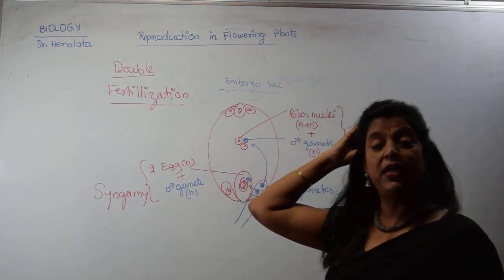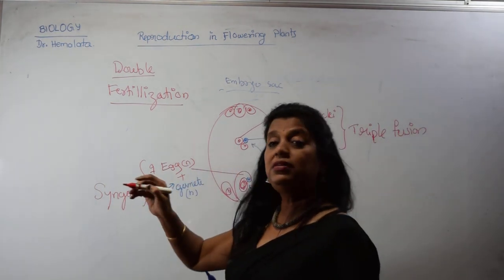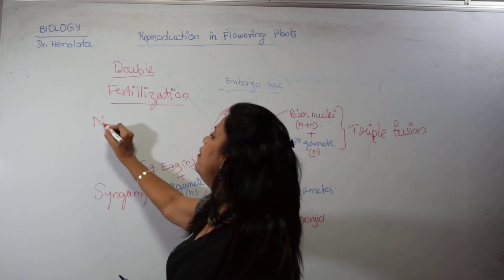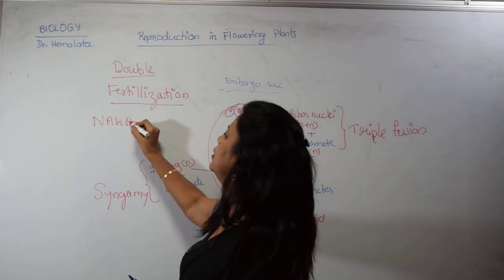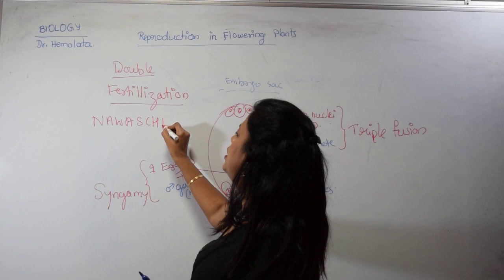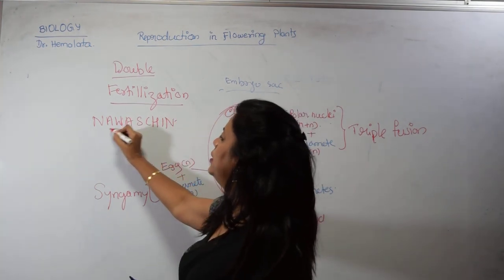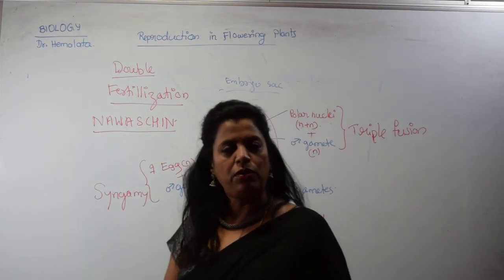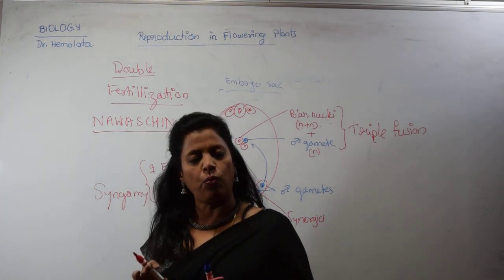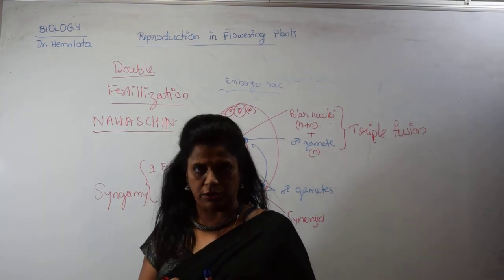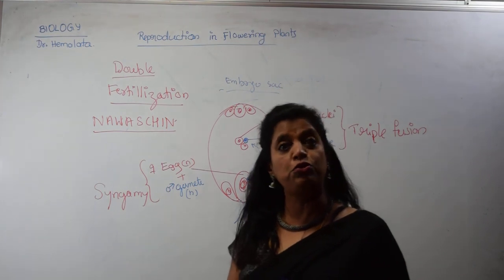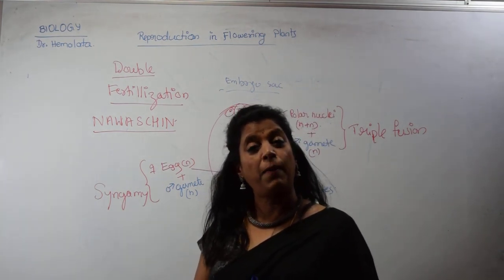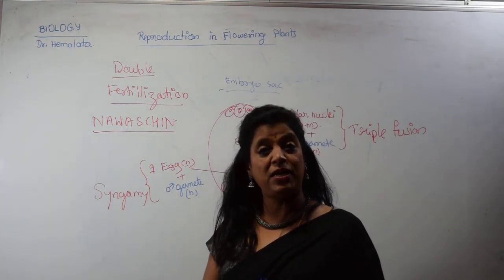This double fertilization was first discovered by the scientist Navashin. His name you should never forget because he is the most famous embryologist, along with another embryologist you should know, P. Maheshwari, Panchanan Maheshwari.